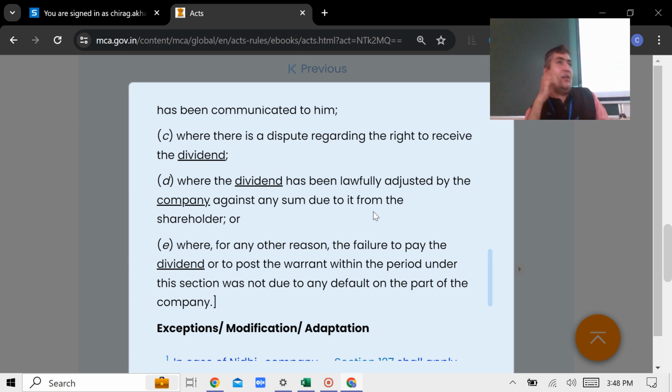If it was the regular manner, then the company is automatically not liable because the company tried. Your address is wrong, then it's not my mistake. But in my earlier example, you specifically demanded that online credit. The company actually wanted to go for the registered post method, but you said, no, I don't want the registered post, rather you just transfer the funds to my account.